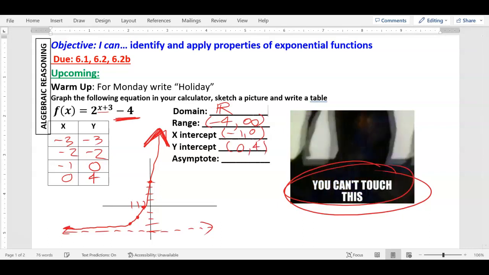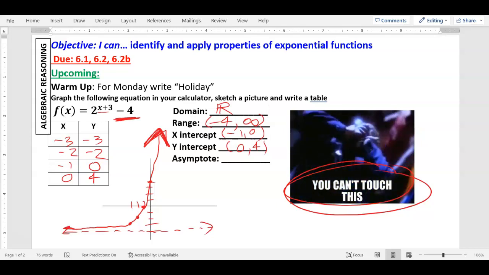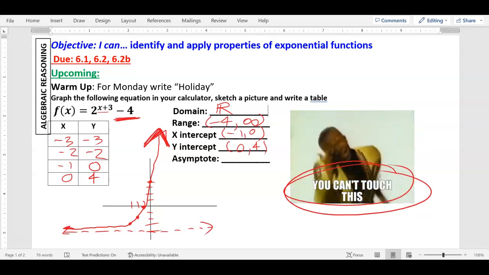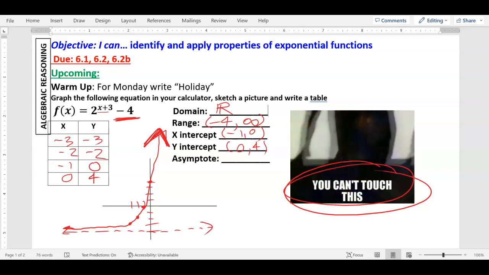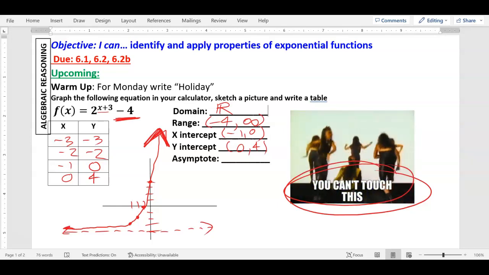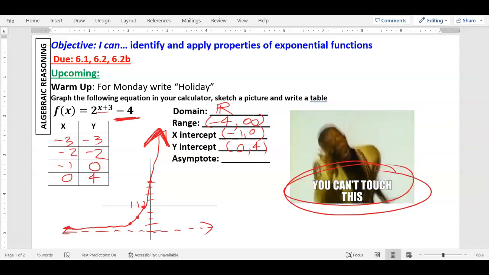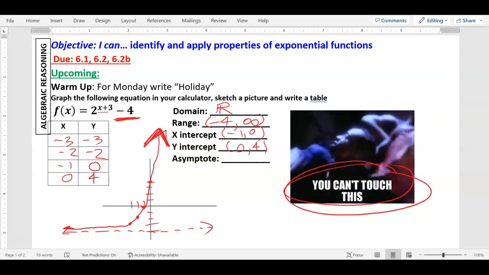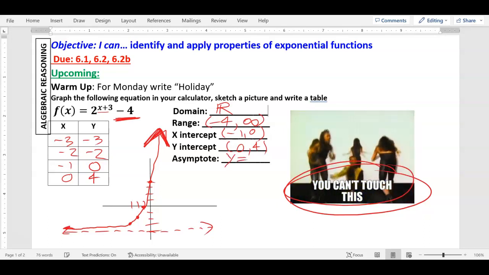Now you may need to refer to your notes. Asymptote that you can't touch, what do you always have to write first? So you always have to start with what? Y equals. Has everyone heard me say this multiple times yesterday? And I'm saying it right now. When you give me asymptote, you have to put y equals. But here's the question. What does y equal?